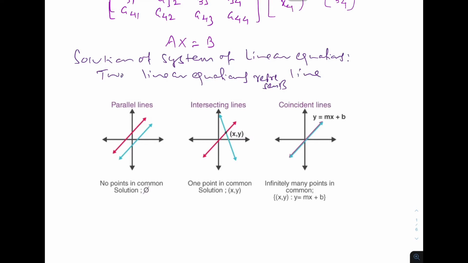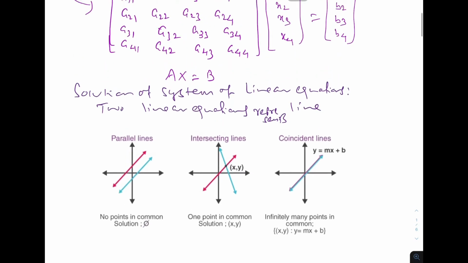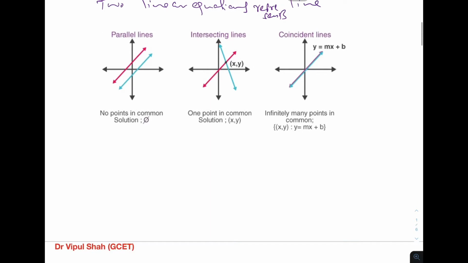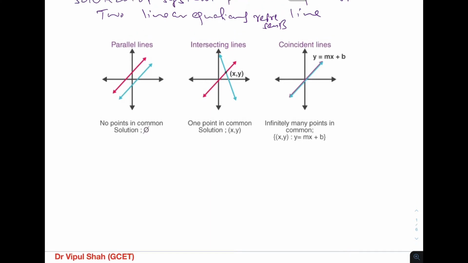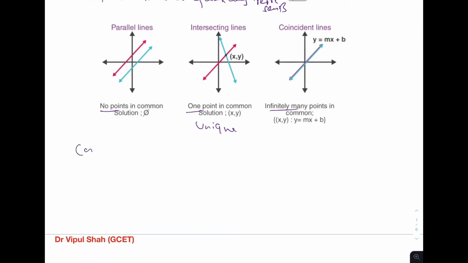So if you have any system of linear equations, there are three possibilities for the solution: no solution, unique solution, or infinitely many solutions. If the system has either a unique solution or infinitely many solutions, we call that system a consistent system. Consistent system means having at least one solution.